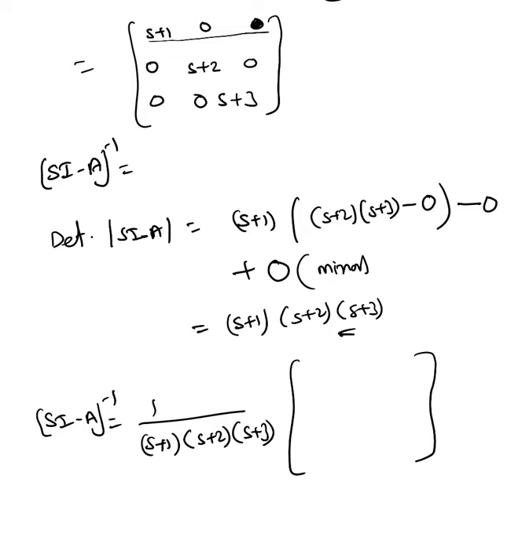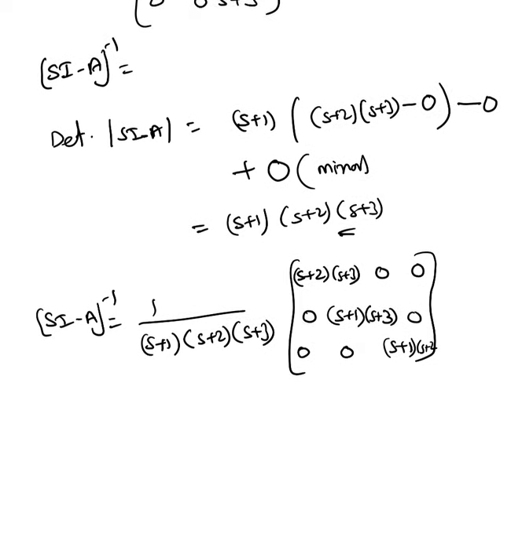For that I ended up with s plus 2 times s plus 3, 0, 0; 0, s plus 1 times s plus 3, 0; 0, 0, s plus 1 times s plus 2. That's (sI minus A) inverse.